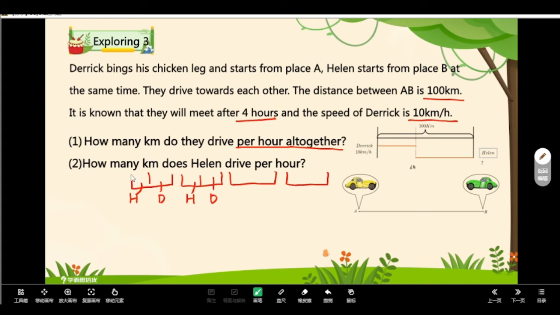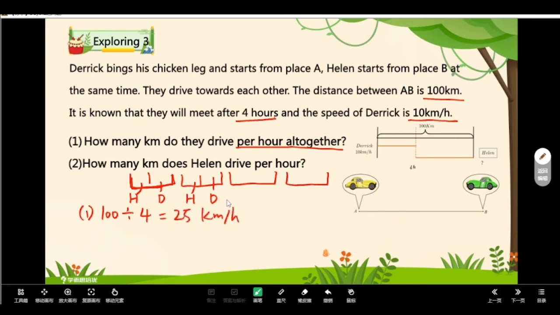Now we are going to find how much this is. How can we know this? How many pieces did I divide 100 km into? 4 pieces, because 4 hours. So how many km is this? We can use 100 divided by 4 equals 25 km per hour.